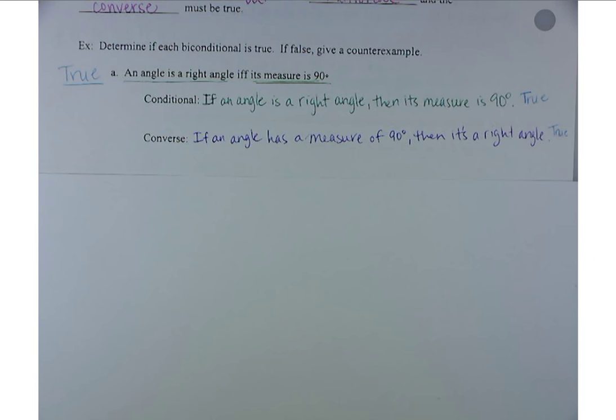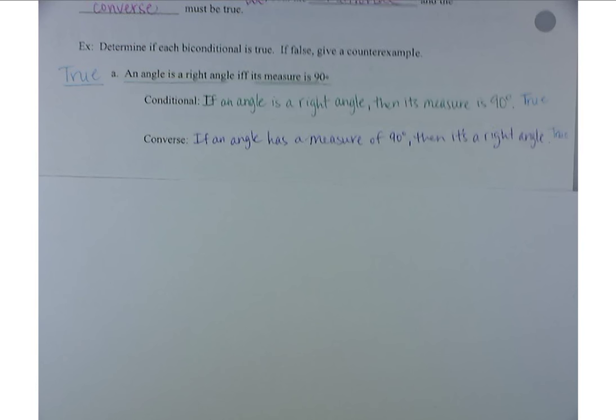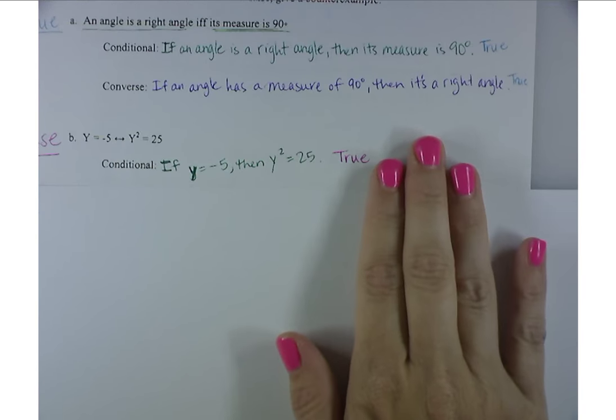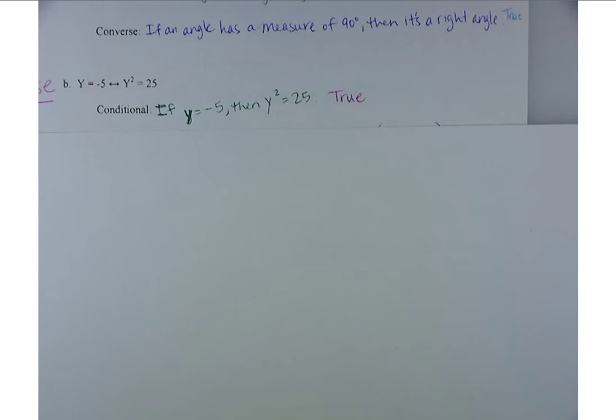That if y is equal to -5, then y squared is equal to 25. Okay, so if y equals -5, then y squared equals 25. Is that true? Yep.